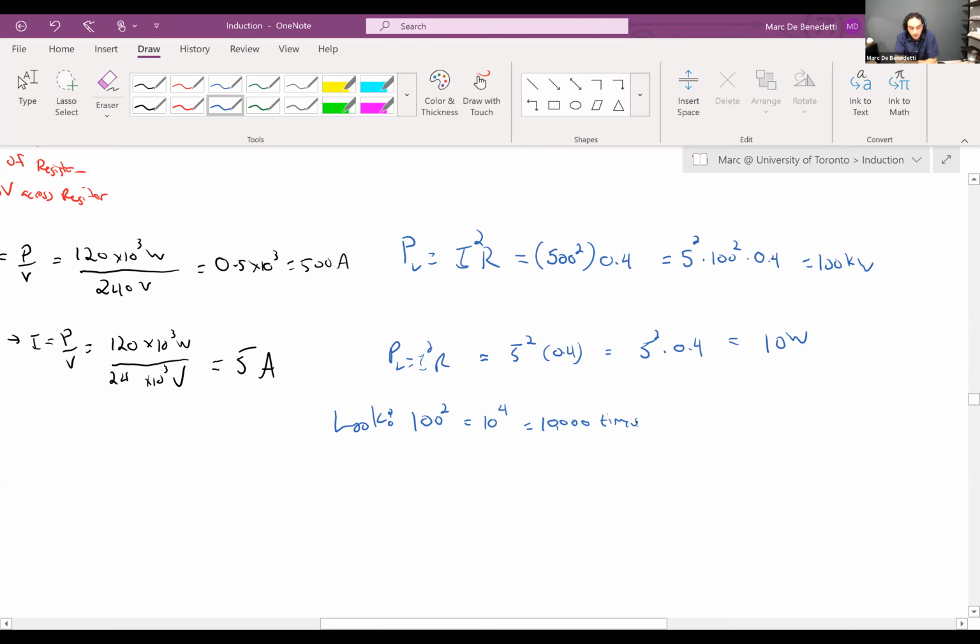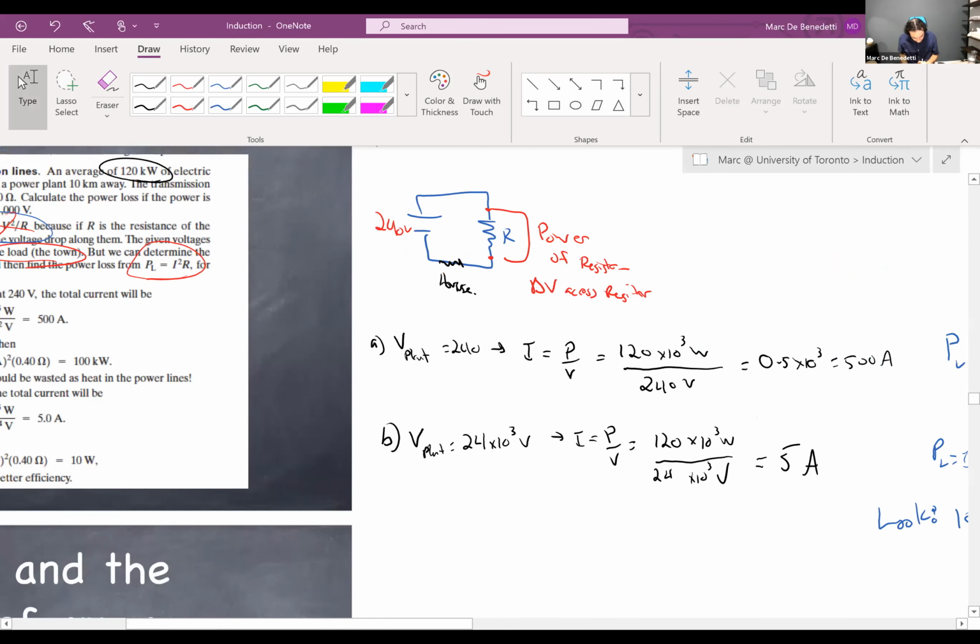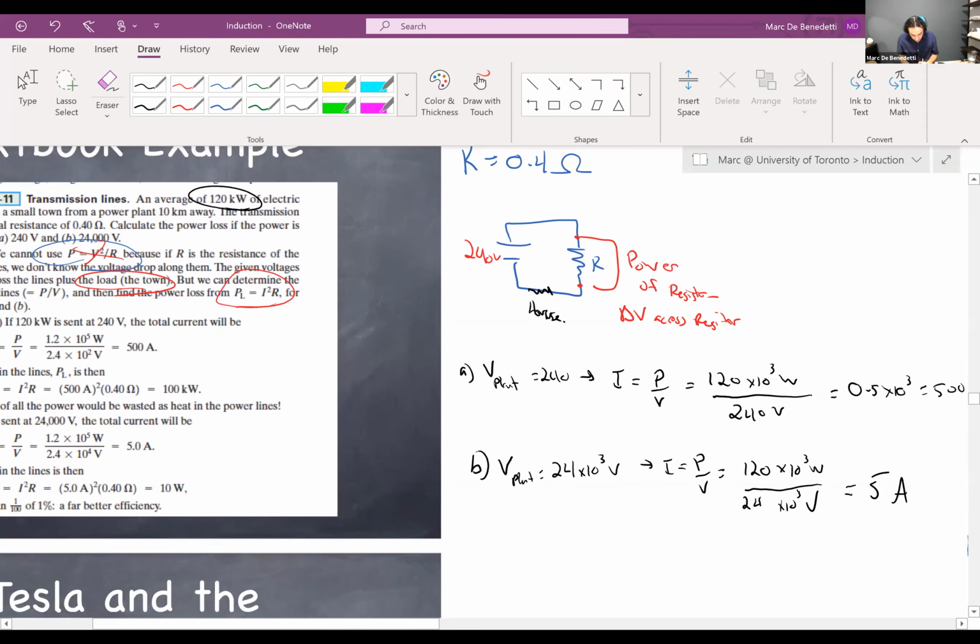So by upping the voltage to 24,000 volts, you're actually saving 10,000 times as much energy. You're able to get 10,000 times as much energy delivered to your household by upping the voltage. Now, what's the difference in voltage? 24 volts to 24,000 volts?